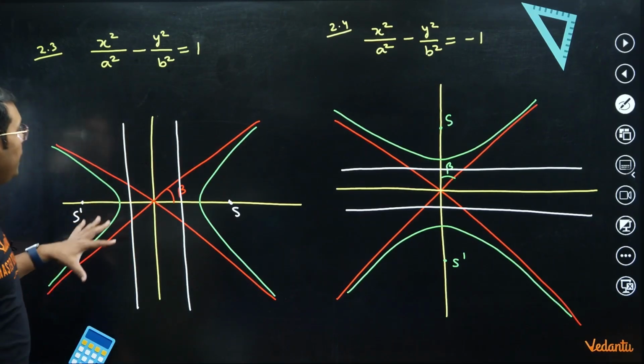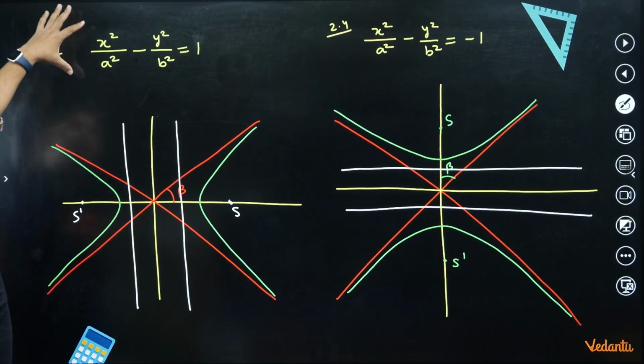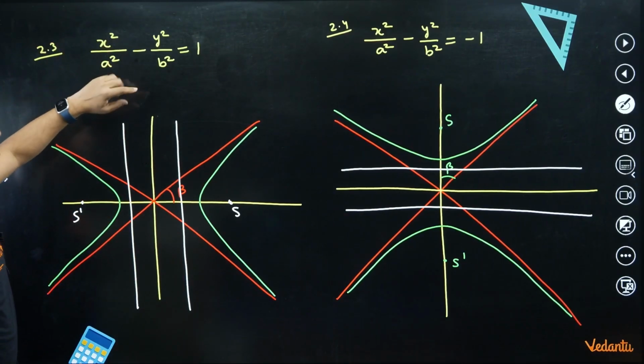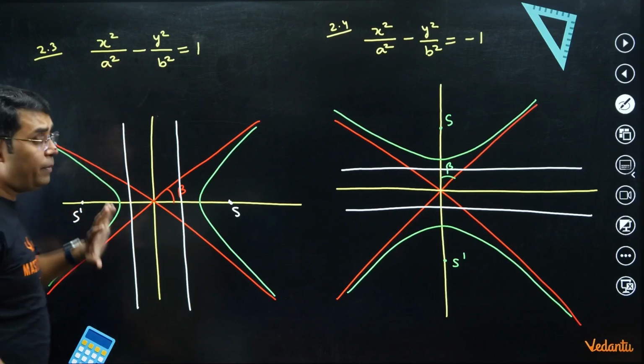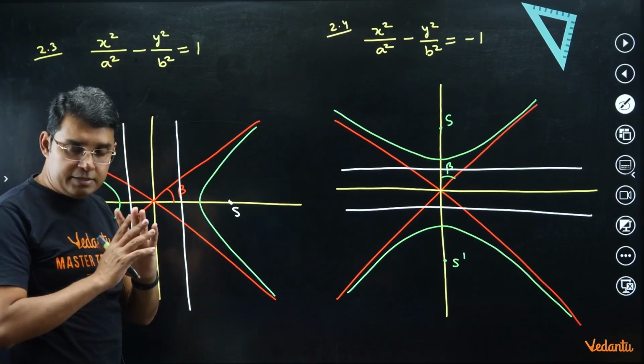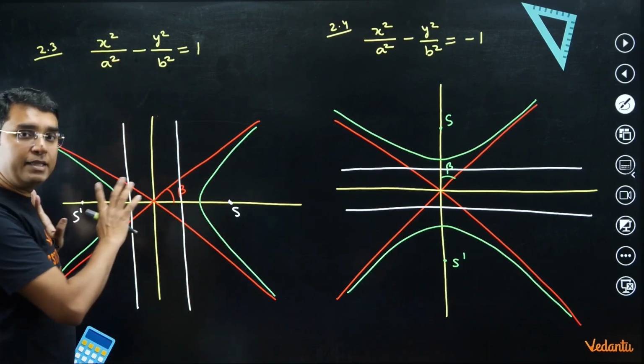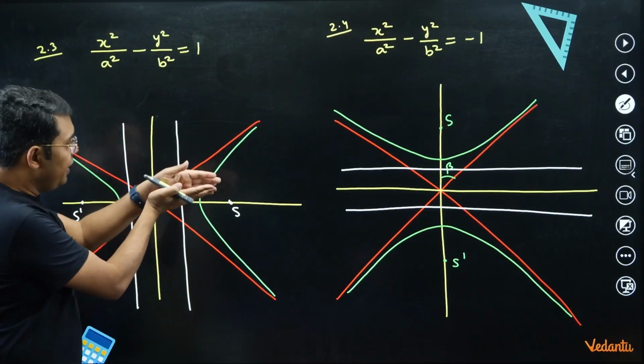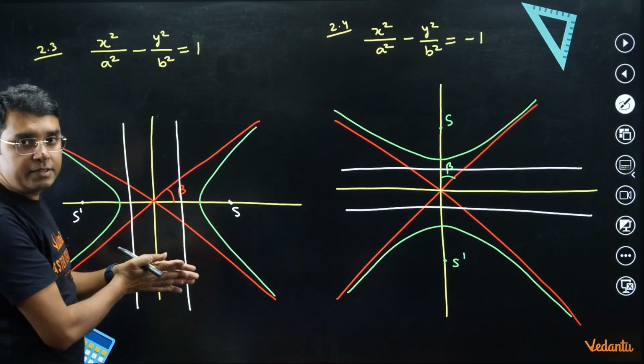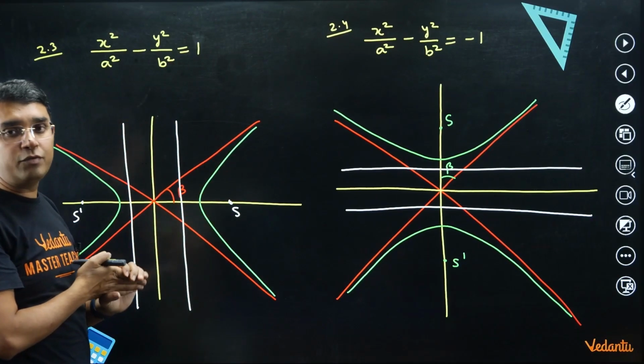In case of this hyperbola, when x square upon a square minus y square upon b square is equal to 1, it is given. Now a and b can be equal or less, it doesn't matter. Your diagram will be looking like this only. The only difference will be in the wideness of the branches depending upon the values of a and b.